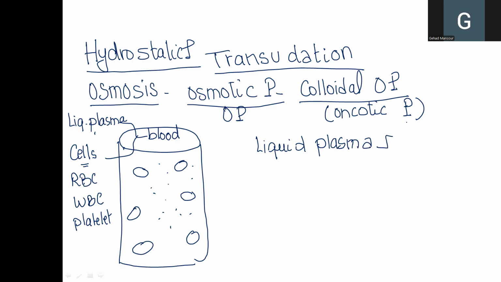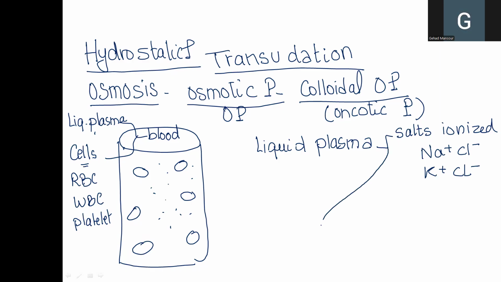So we have salts that are usually ionized, like, for example, sodium chloride or potassium chloride. And because they are ionized, they are completely dissolved in the water of the plasma. But we have another thing, which is the plasma proteins.